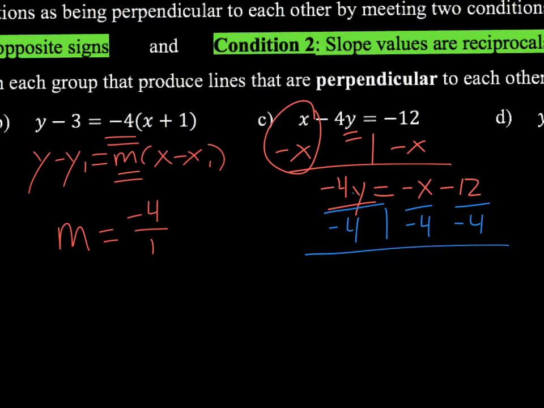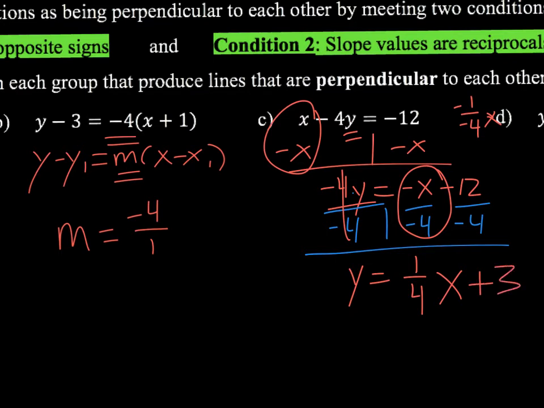So now I have slope-intercept form. That's a 1, so I just have y. Now how I see this piece right here is equivalently the same as negative 1 over negative 4 times x. So we have this double negative, so this is the same as positive 1/4 x, and negative 12 divided by negative 4 is a positive 3.